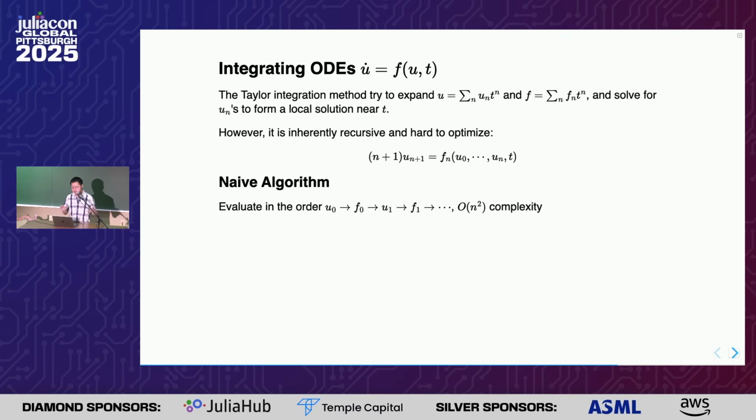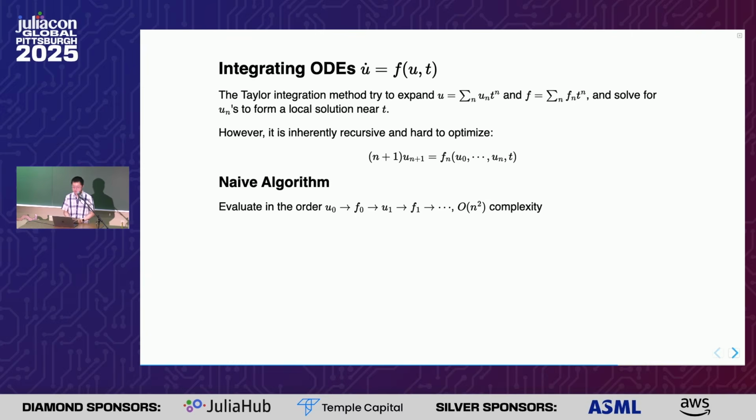So when you relate the various order coefficients of the left-hand side and right-hand side, you will get something like u_{m+1} is the nth order coefficient of f, but f actually depends on u, which means that you at least need to know u0, u1 up to un to calculate this fn. So this is really not something that you can handle with just one call to an automatic differentiation library.